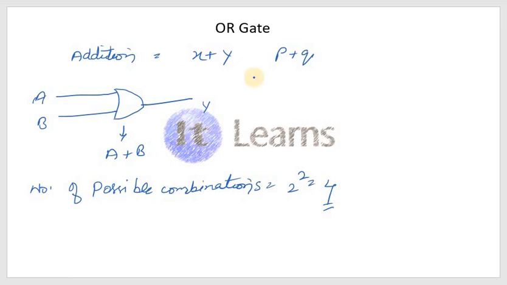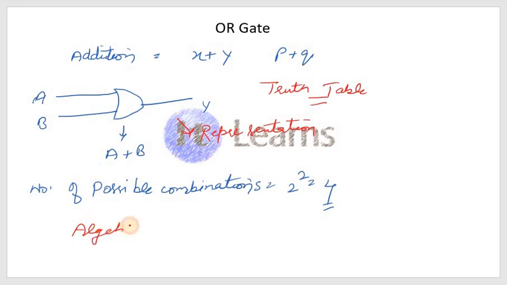Now let's move on to the truth table. We have the representation and the algebraic expression.